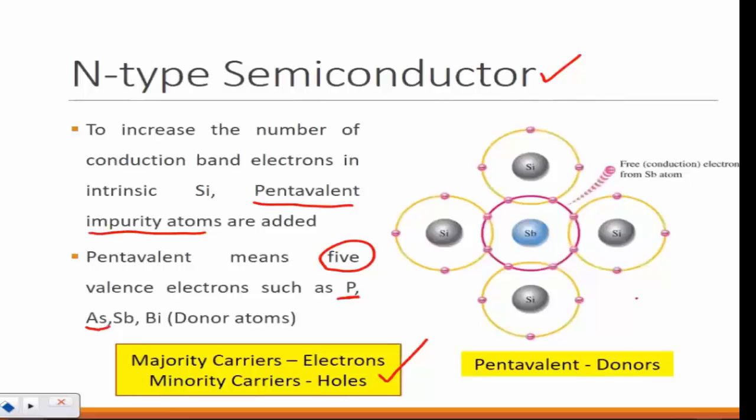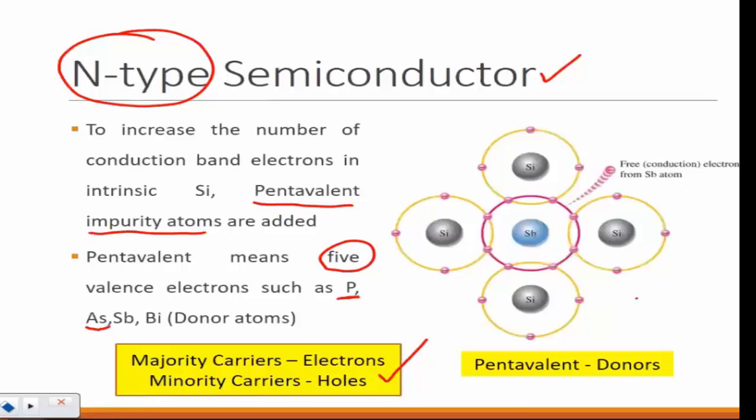If you take that material and combine it with silicon, what you will form is an N-type material. But why pentavalent? Of course, that provides more stability and rigidity to the material. But what will happen if you do that?